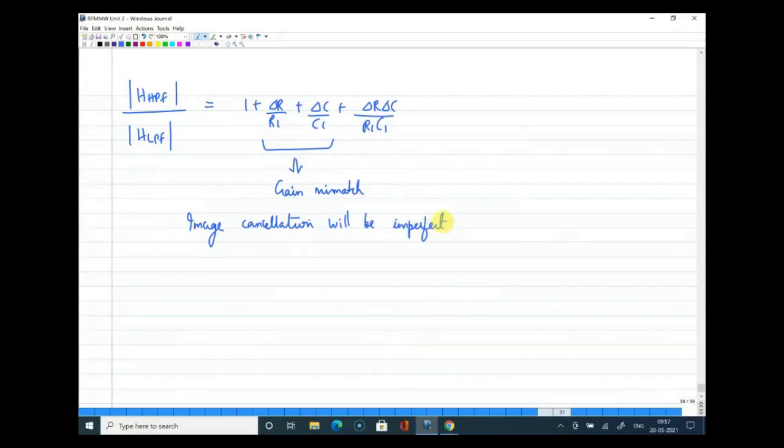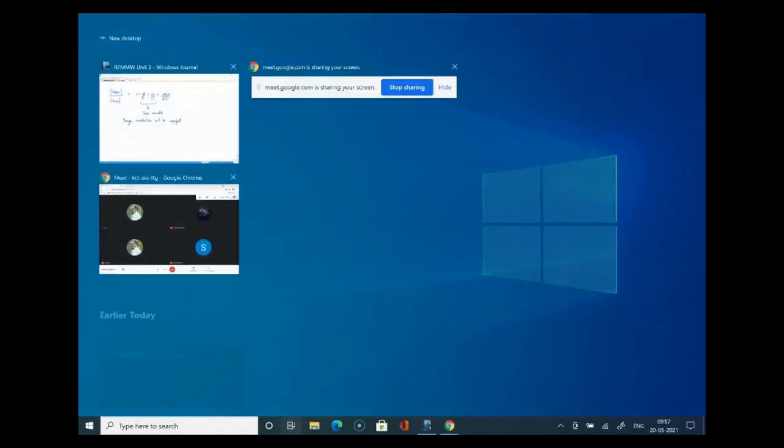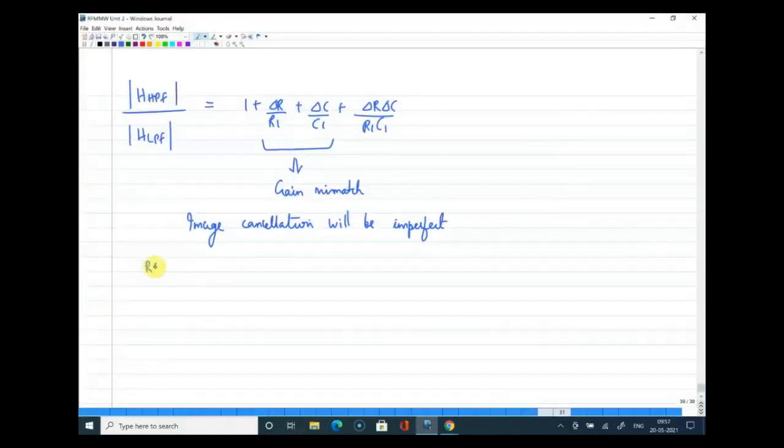If there are mismatches in them, that will definitely result in imperfect cancellation of image. Moreover, the RCCR section that we have considered now will also add some noise to the system. It will introduce noise as well, right?